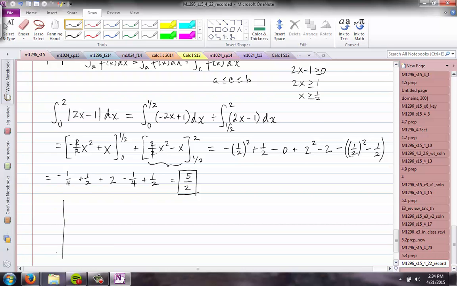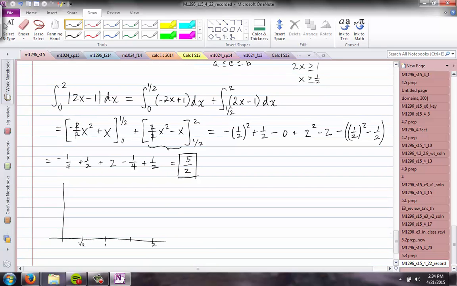I'm just going to give you a quick picture here of what's going on. Both these pieces are linear functions, and the character changes at x equals 1/2. The interval is from 0 to 2. If we graph this first part, we have a negative slope, and then our second piece looks like this.